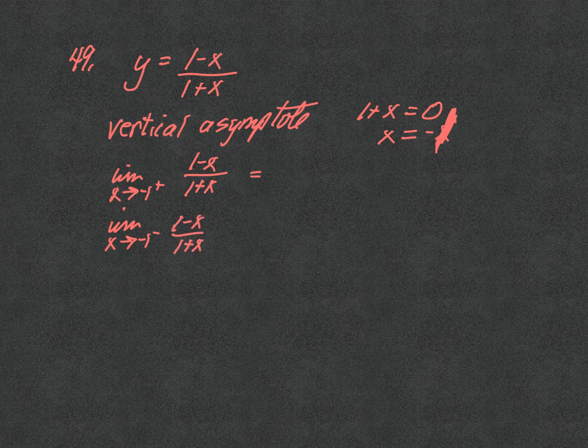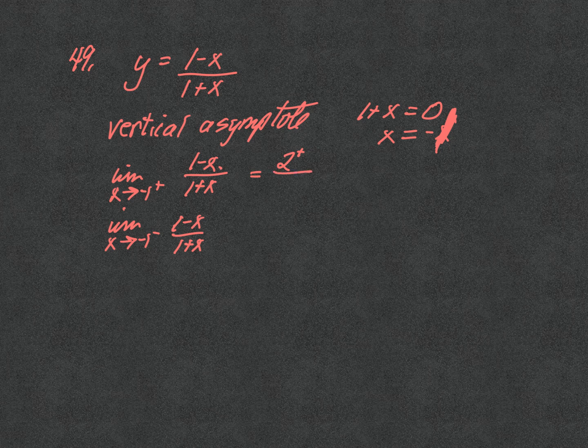And I want to be able to evaluate whether that's going to be a positive or a negative infinity, okay? And if I'm at negative 1 from the right, this is going to be close to 2. 1 minus x is going to be close to positive 2, but it'll be slightly bigger than positive 2.